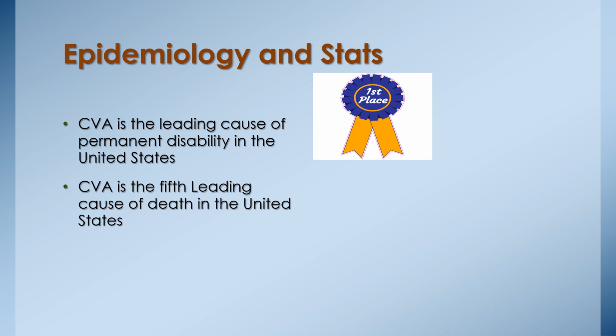So you are guaranteed to care for a patient diagnosed with a stroke during your care. Either it will be an acute stroke or past medical history of a CVA, where they may have some residual effects from that CVA, or they may not.